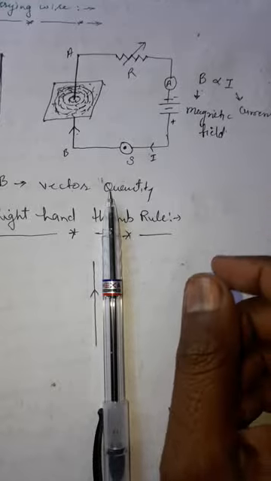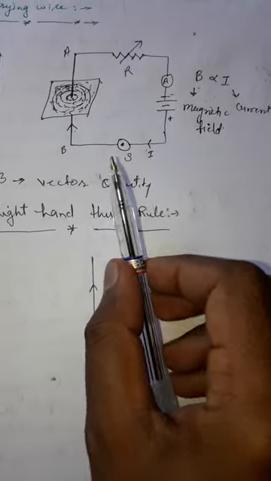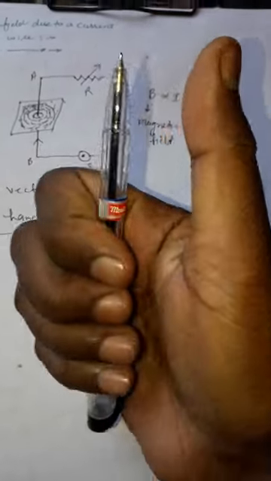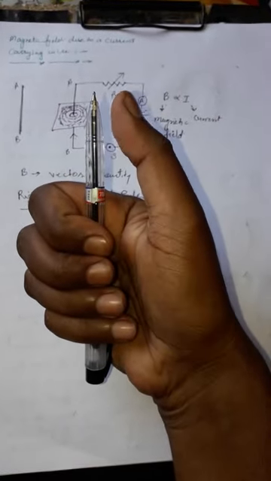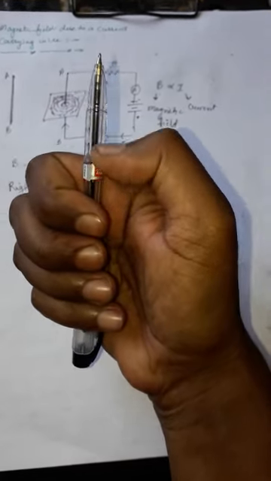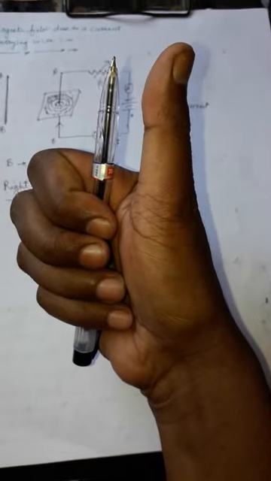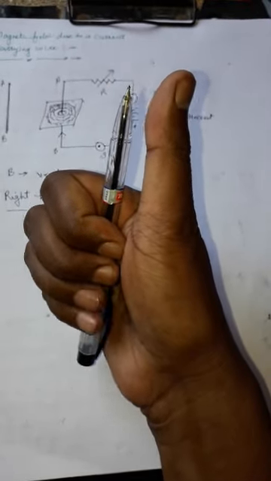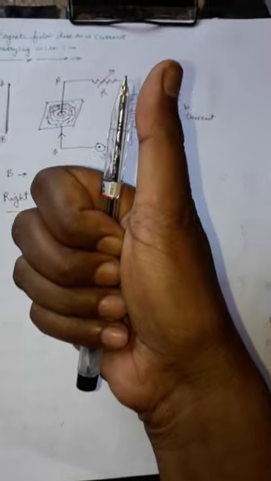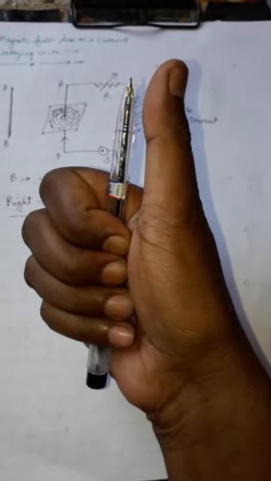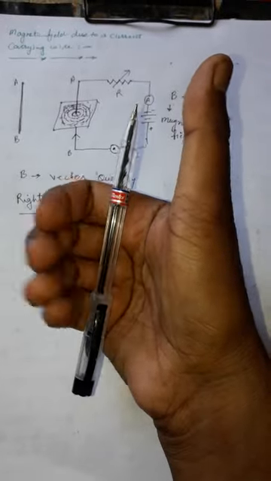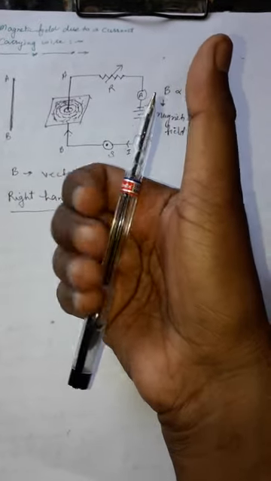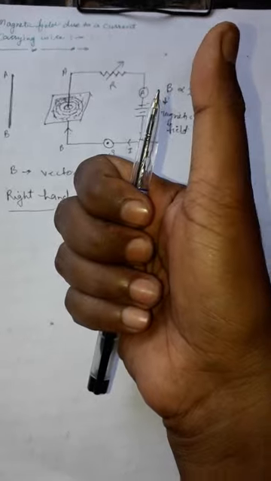Now if we take this wire in our right hand like this, such that the thumb represents the direction of current, so the thumb gives the direction of current, then the curl of the fingers gives the direction of the magnetic field.